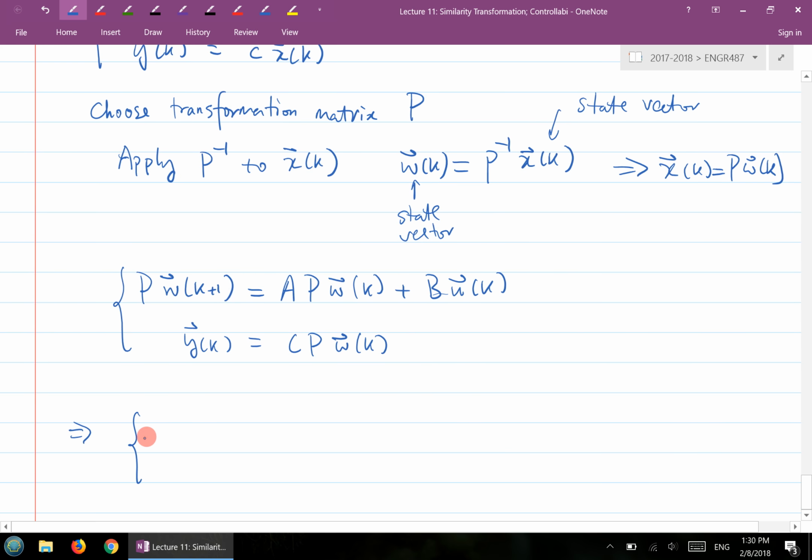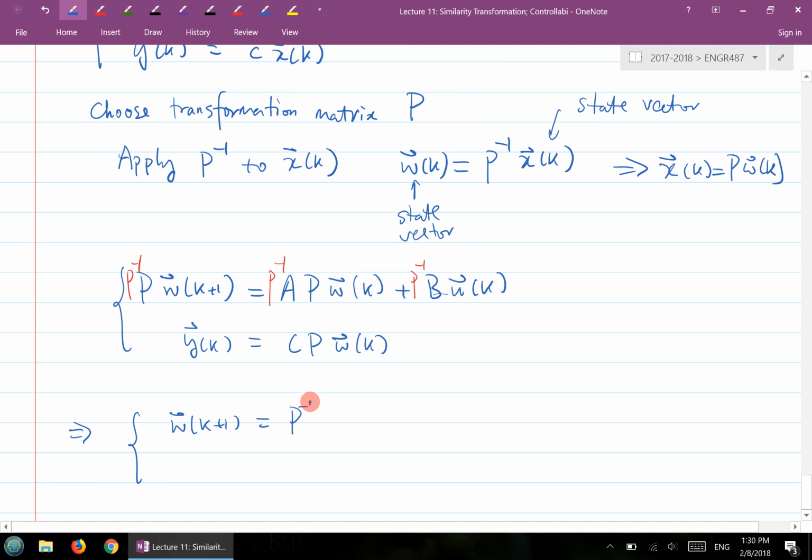And then a little bit of manipulation to the first equation here. We can multiply P inverse on both sides of this equation. So we get P inverse times C is the unit matrix.